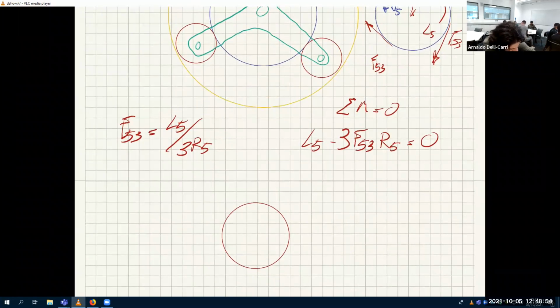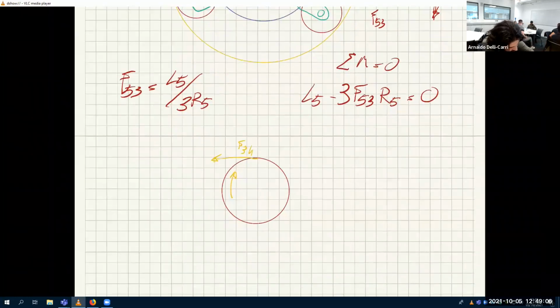So let's say this is rotating in this direction. This exchanges a force with the ring, F3,4. This exchanges a force with the sun, F3,5. Are these balanced? They must be in the same direction, because otherwise they are not balanced, I mean, in moment.